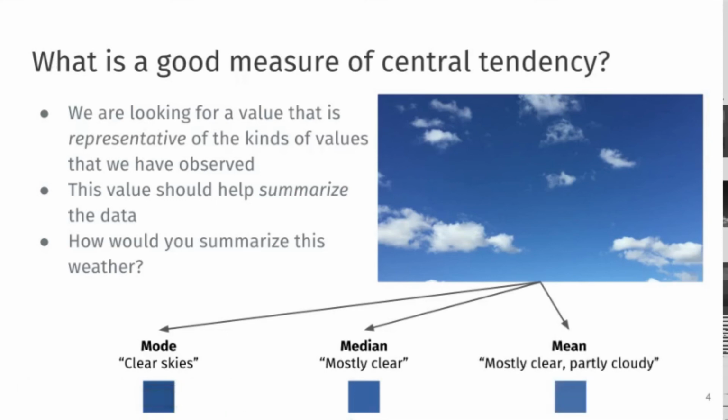It says, well, it's mostly clear, but it's partly cloudy. You can see that this is beginning to get more gray. It's telling you not only what the most common values are, but it's also influenced by some of the more uncommon values, like these clouds that pop up here and there. Like I said, this is something of an analogy, but hopefully it gives an idea of the different flavor of each of these measures of central tendency.